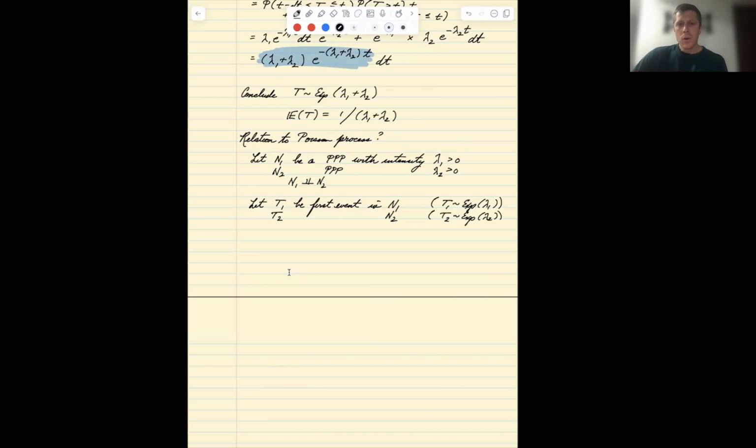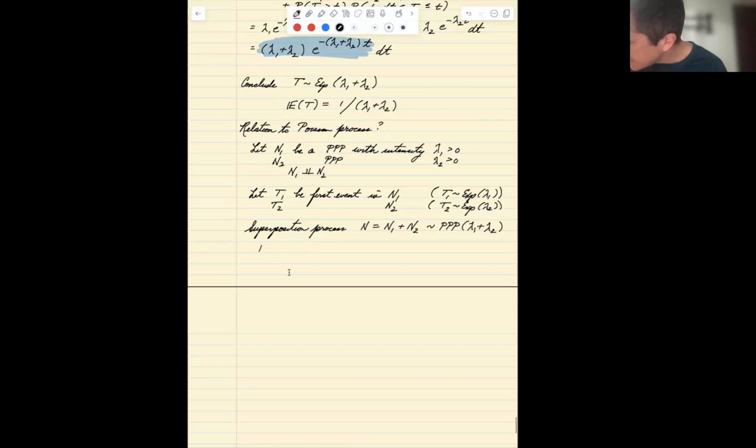But what we're actually interested in is that we can create a superposition process, defining N as the sum of the independent Poisson processes, which by the superposition property of Poisson is itself a Poisson point process with intensity the sum of the intensities.